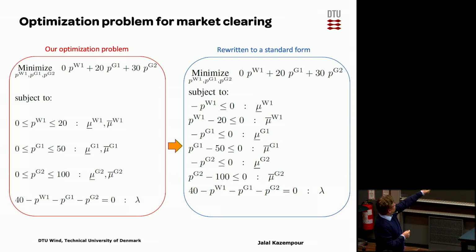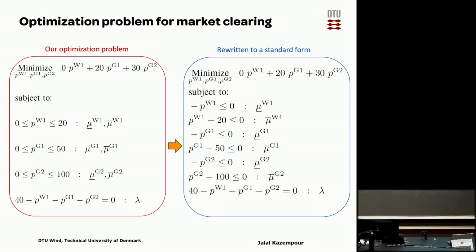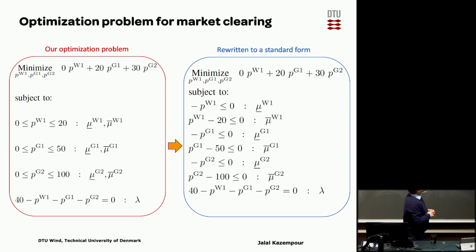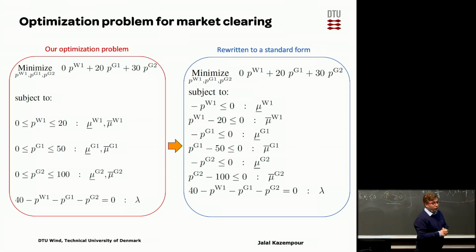Do you agree that the blue one is equal to the red one? Please check it. And you see that we have 7 constraints. Each comes with a dual variable. Then all the constraints, if they are inequality, are written in the form of lower than or equal to, and the objective function is in the form of minimization. It's in a standard form. Do we agree? Easy peasy, right?